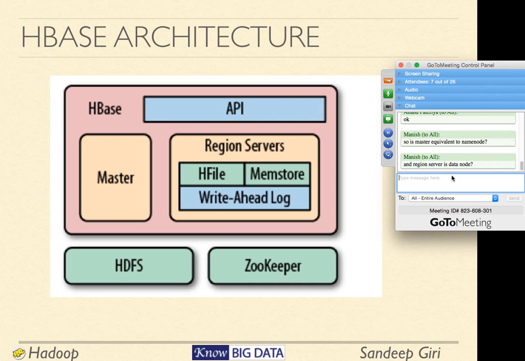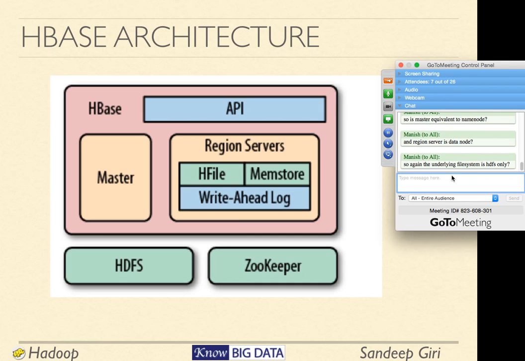Now internally, a region server might be storing the file on multiple data nodes, or it might be storing the data on a single data node. Yes, Manish, you can think of it that way. And since it is also a master-slave kind of model, where there is one single master and multiple slaves, master does nothing but coordination and slaves do the actual grunt work.